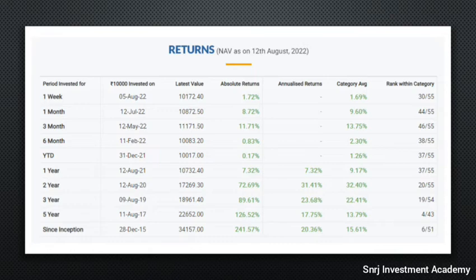The more you keep it, the compounding power will be higher, and you will get good returns, provided the fund performs very well. So you need to keep a watch on the fund performance, to make sure you are getting better returns. And if the performance is not very good for 2-3 years, then you can consider switching the fund.